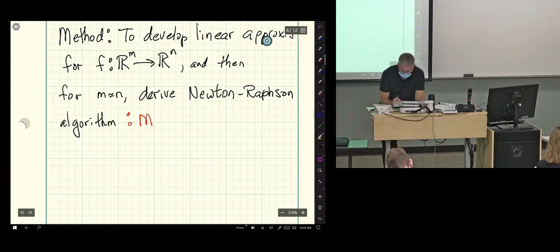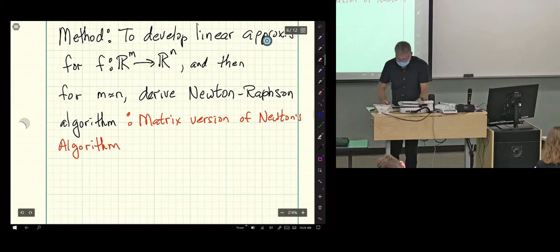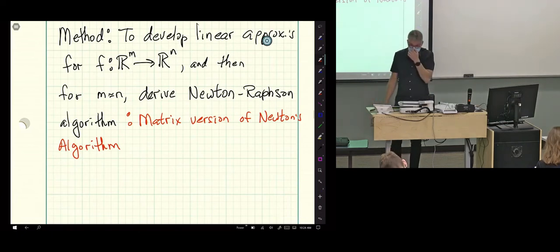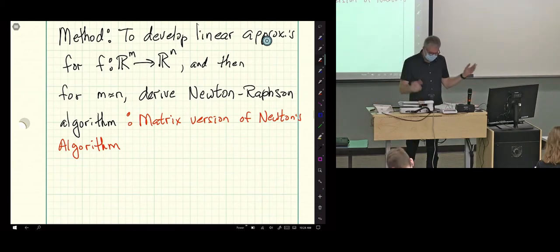And what that is, it's the matrix version of Newton's algorithm. I think Raphson was something like, I don't know, mid-50s or something. It's a little bit after Newton, like 250 years after Newton or something, okay? So not like they were like buddies or anything.